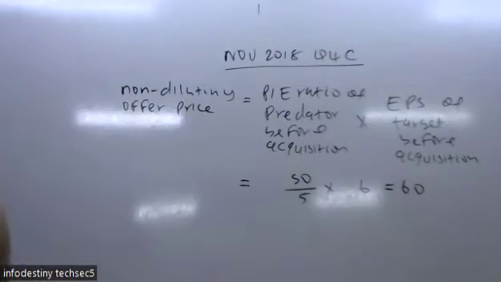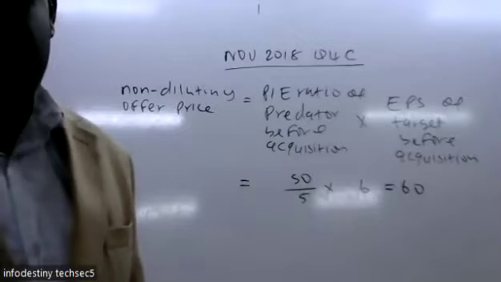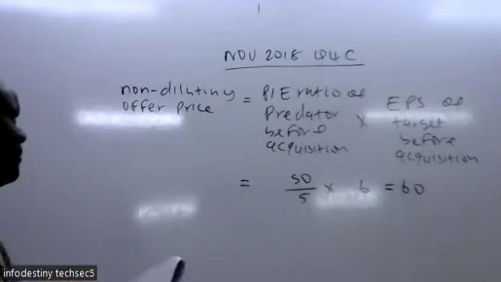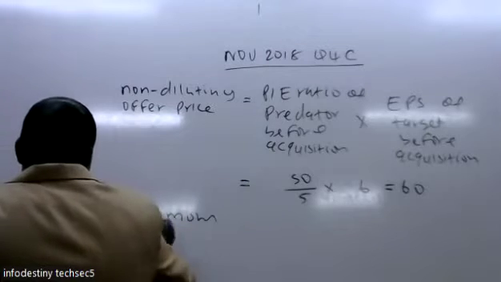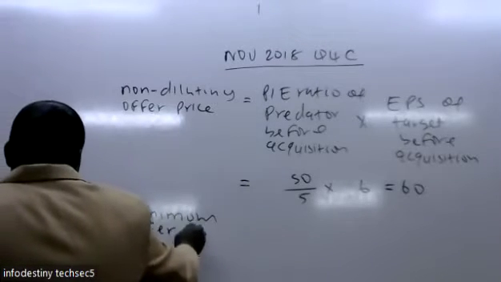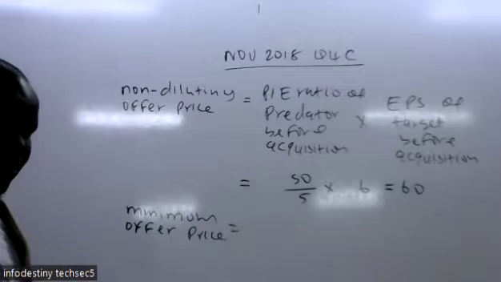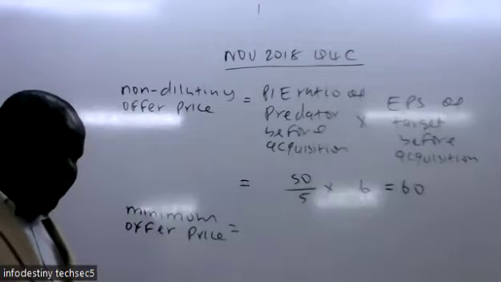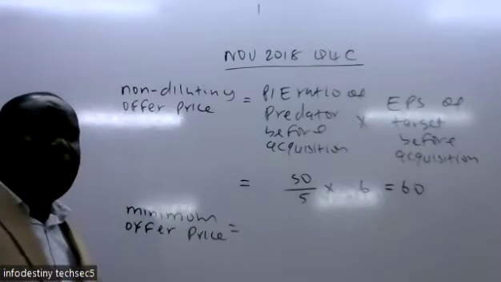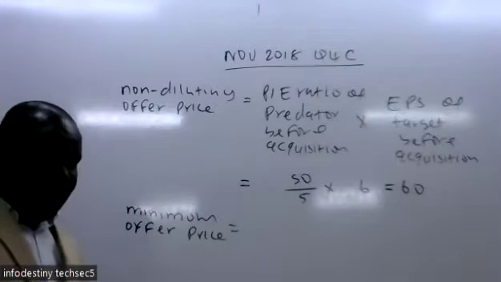Now after that, we should also see how to get the minimum offer price. To compute the minimum offer price, Chilolo Limited will have to offer a minimum of what percent? 25% of Roca Limited's current market price.